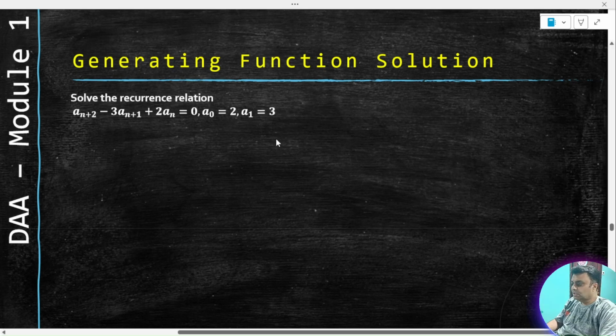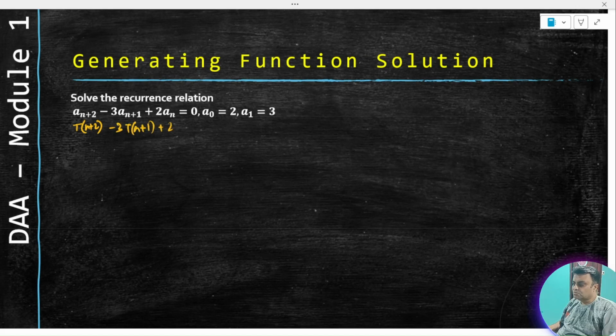Okay, so the generating function looks like this. Don't get too hung up about this, it is nothing but Tn plus 2 minus 3 Tn plus 1 plus 2 Tn. When you put it in generating function format, it's no more written as Tn, it's typically written as An, right?